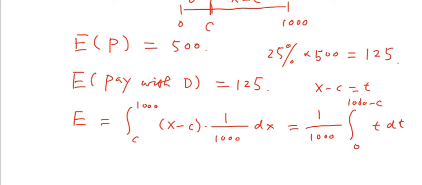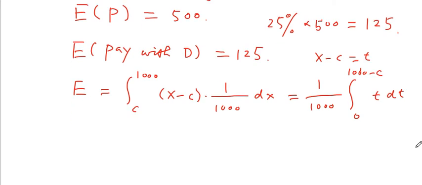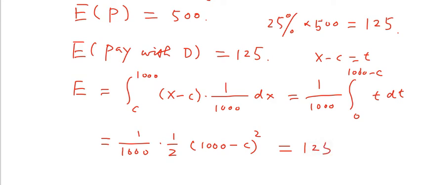So this integration equals just half of this squared, half of 1000 minus c squared. Then we just let this equal 125, so we can find the c.